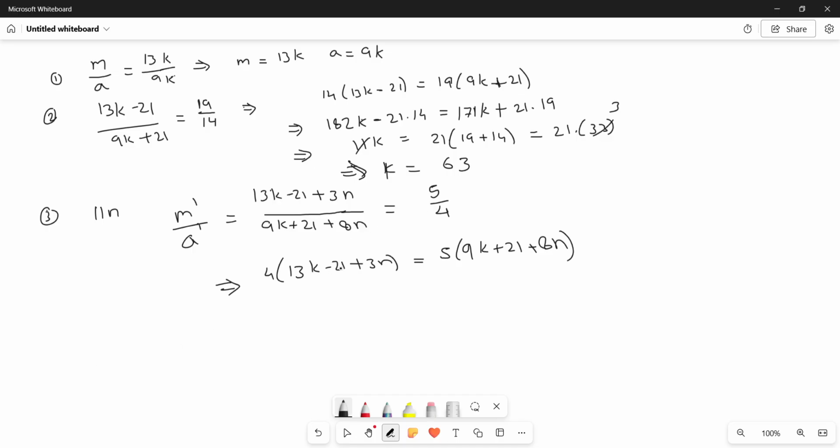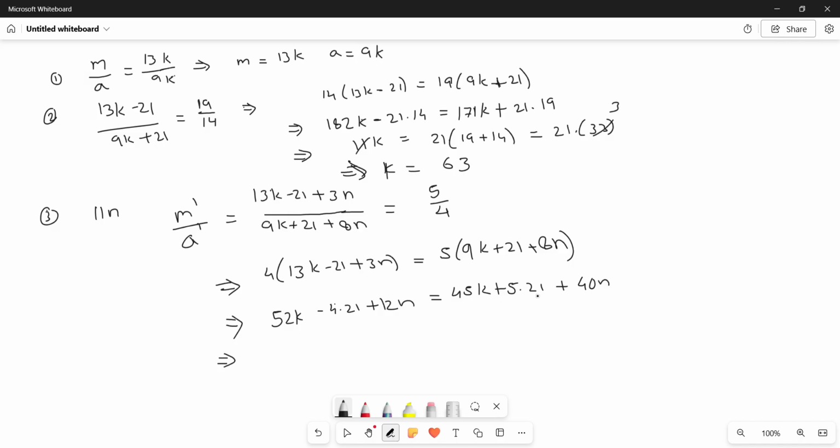Now we have n and k here, but we already know the value of k. We'll substitute in the next step. So this will give us 52k minus 4 into 21 plus 12n equal to 45k plus 5 into 21 plus 40n.